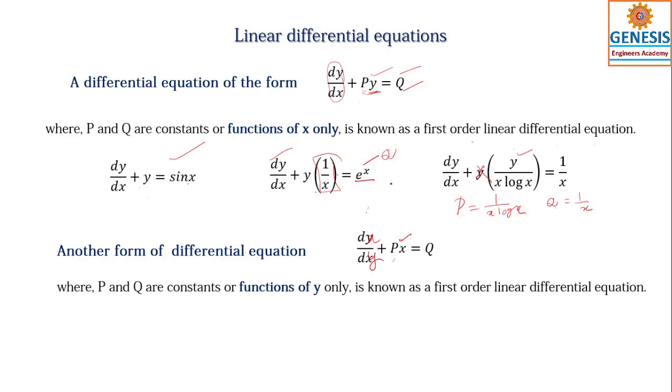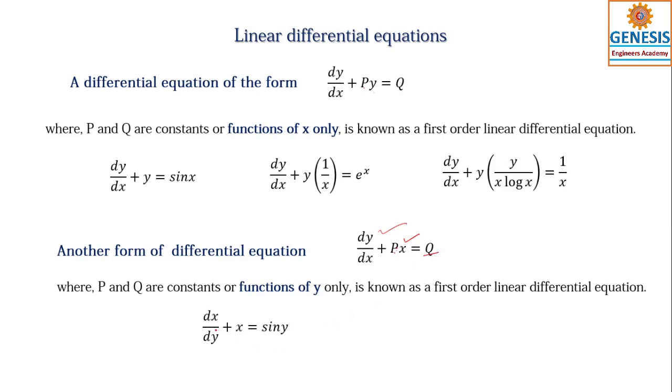Even in that form, p and q must be functions of y or simply constants, since the variable is x. So in this case it is dx by dy. You can also write it like that.